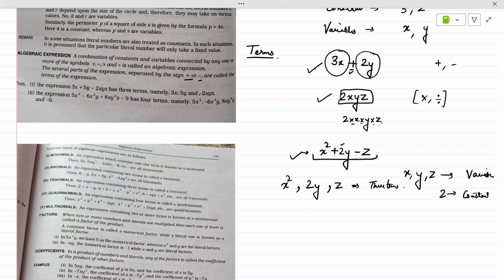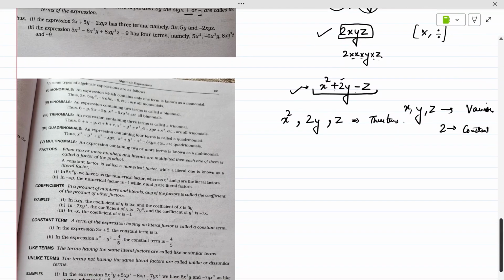So whenever we have to see how many terms are there, we will have to see only these operators, so that we can identify how many terms are separated in this expression by these operators. This is how we can see that.